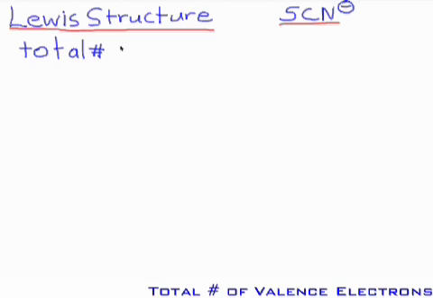Total number of valence electrons. Valence electrons, and we'll just put a negative charge there, equals. How many valence electrons does sulfur have? Well, we go to the periodic table and we look at sulfur, we find out it's right below oxygen.